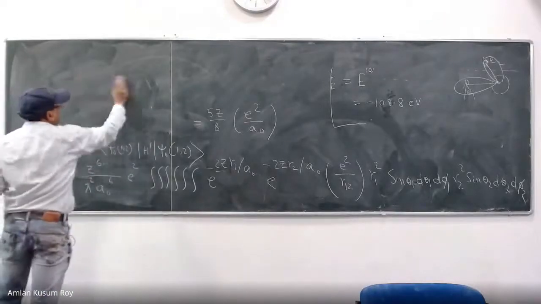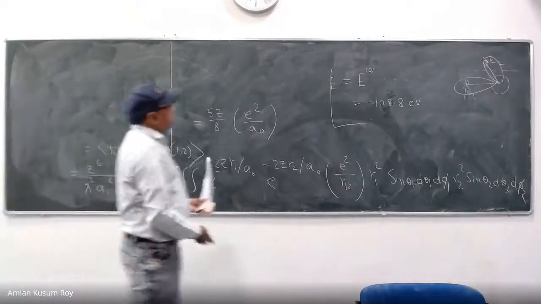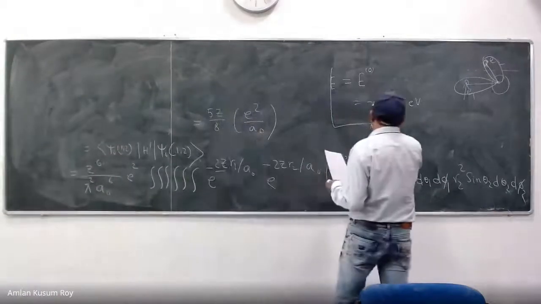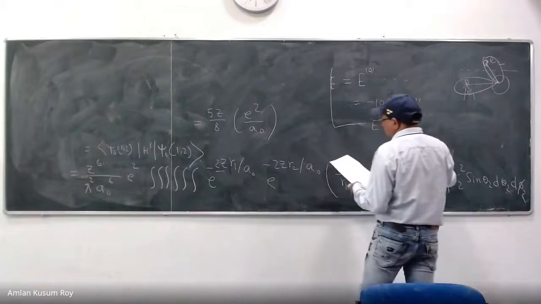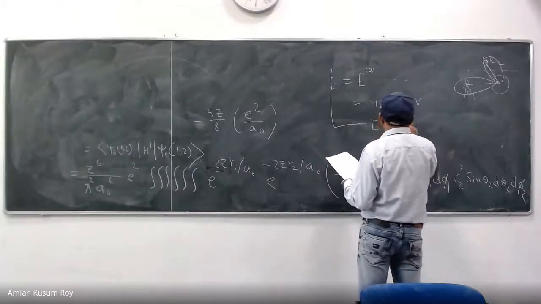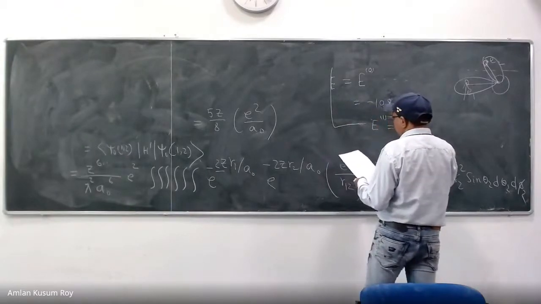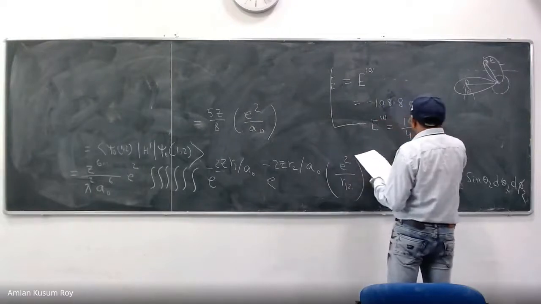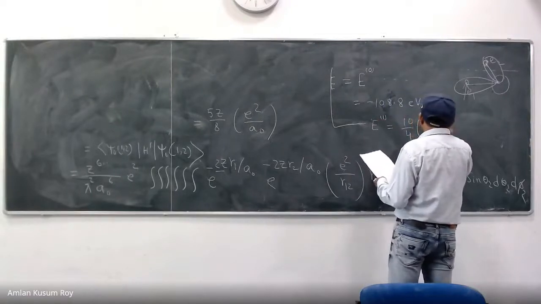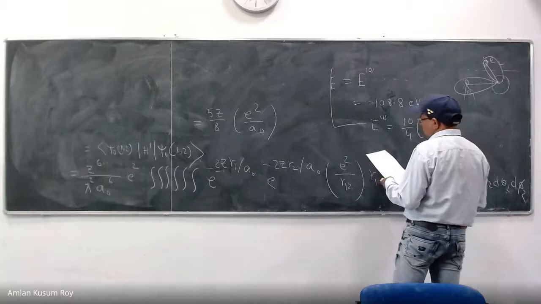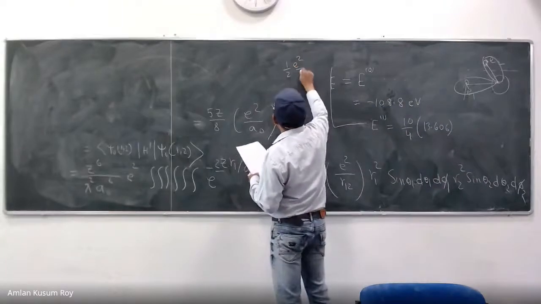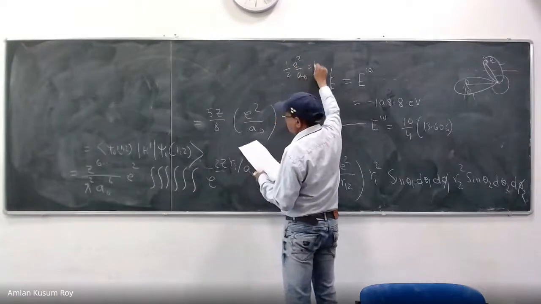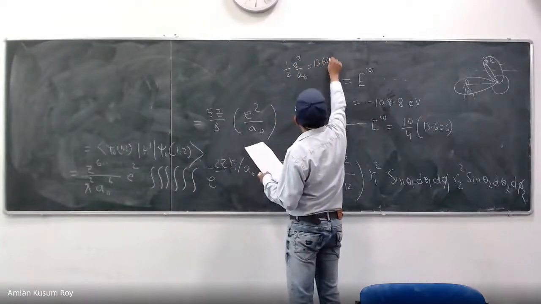But at the end of the day, I get E1, the first order correction to energy, which gives the number. It will become 10 by 4 into 13.606, because half e square by a0 is 13.606 eV.